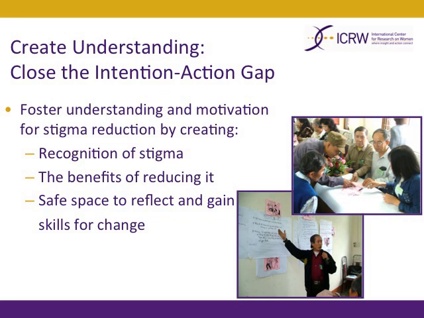Oftentimes, people didn't even realize that, say, for example, giving their son or daughter a separate plate or spoon or cup was stigmatizing and how that made their son or daughter feel. So we found that sometimes people just weren't really aware that their actions were stigmatizing, and that's something that can easily be shifted. So helping people to recognize what stigma looks like, and also the benefits of reducing it. And then really important is also to provide this safe space to reflect and gain skills.